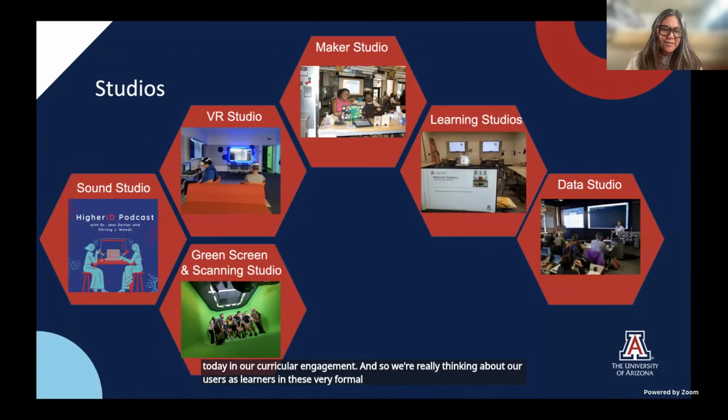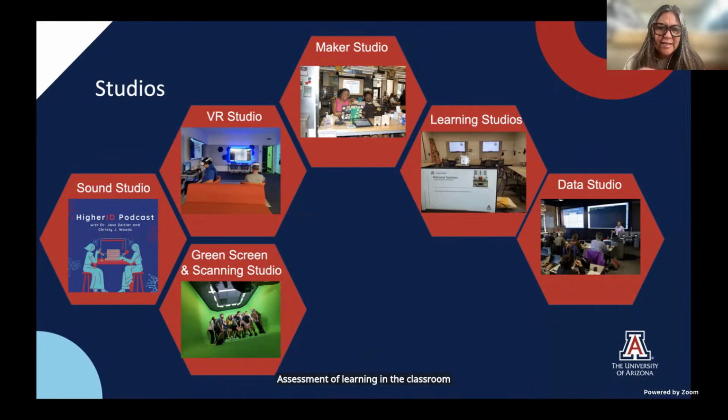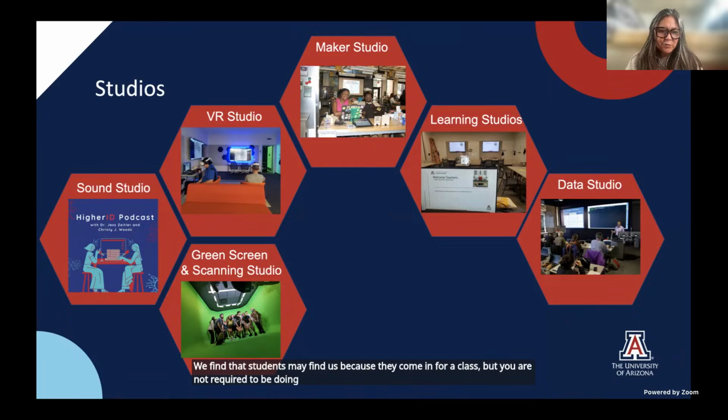So some of the research and conversations today around school libraries have been really interesting to me. Assessment of learning in the classroom, matching skills and evidence-based practices. But then we also have this very robust community of extracurricular users. So we find that students may find us because they come in for a class, but you are not required to be doing classroom work to be in our space.